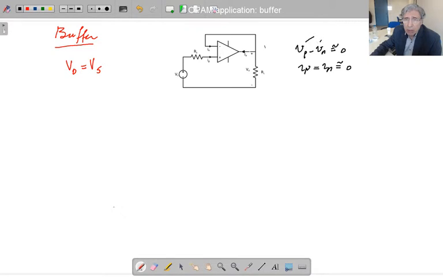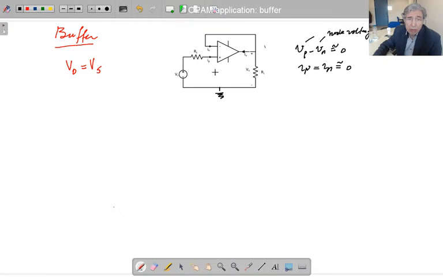So we know these are the node voltages. Always I am trying to remind you, don't forget it, that is ground. So when I said node voltage, that is this node, and this node voltage difference is the node voltage.